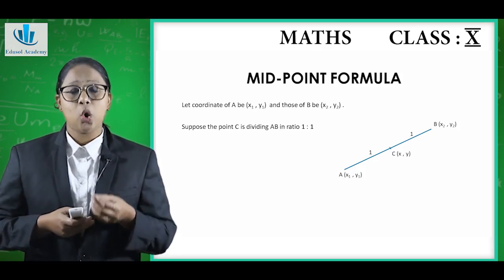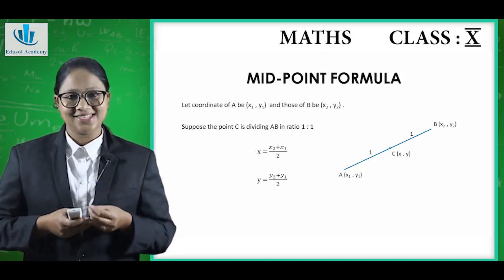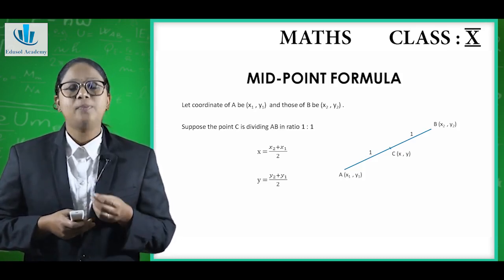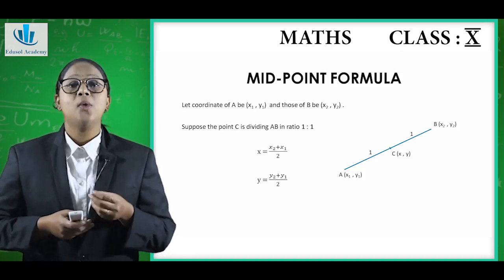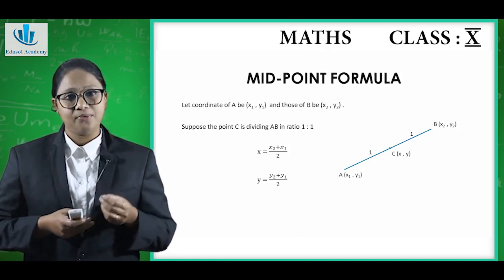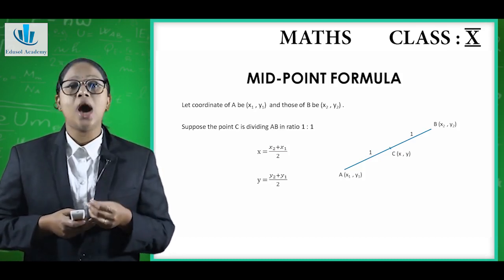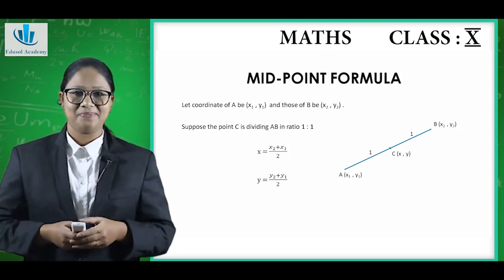Now then the coordinates of C can be found using the equation x is equal to x2 plus x1 by 2 and y is equal to y2 plus y1 by 2, where x1, y1 and x2, y2 are the coordinates of the other 2 points A and B.